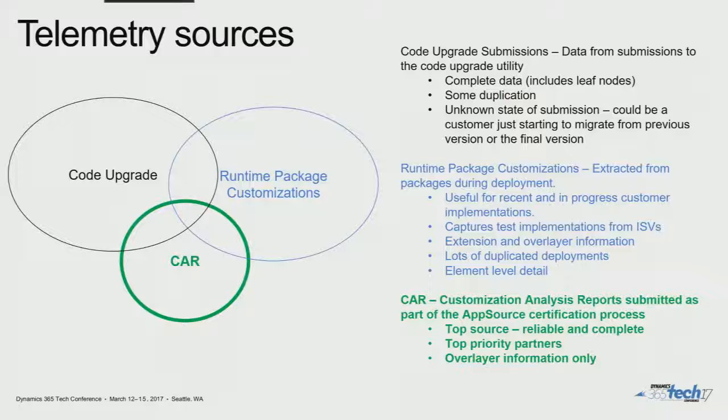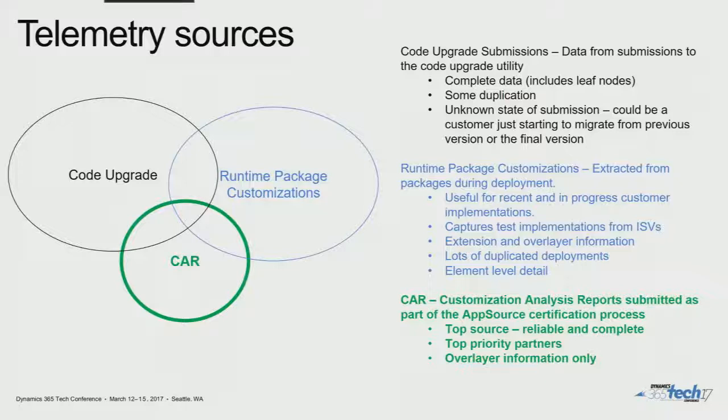Not so much to go into a lot of detail, but there's three sources that we have for getting customization information. There's the code upgrade, which comes from the code upgrade tool that you use through LCS. There's runtime package customizations, which got put into Platform Update 3, where as packages are deployed, we pull some extension and overlayer information out of those packages and collect that data into some Power BI reports.